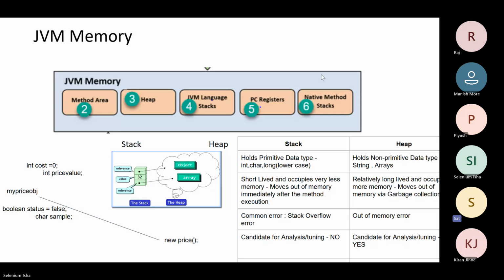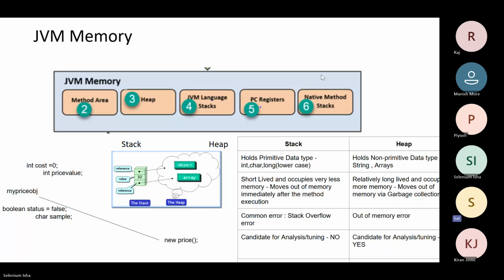For garbage collection and all, these relationships are very important. I will not go into detail. Let's keep it very simple and basic for now. There are two important components in JVM memory, heap and stack. Stack is going to store integer, boolean, character, and your heap is going to store your strings, arrays, and objects.